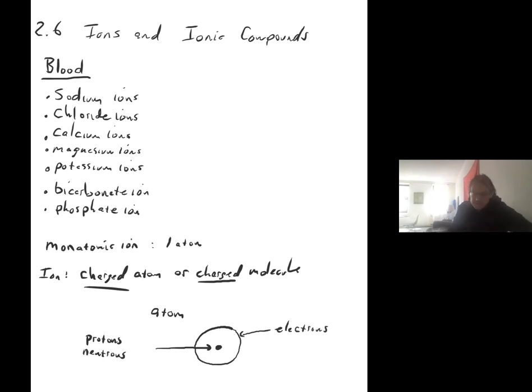Now, the electrons have a negative charge, and the protons have a positive charge. So the atom itself is actually a complex system, right? It's like a solar system. It's got positive particles, it's got negative particles. They're related to each other. Overall, in an atom, the number of protons is equal to the number of electrons. So they balance each other.